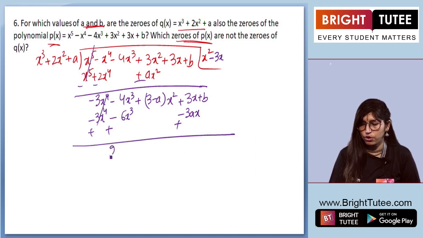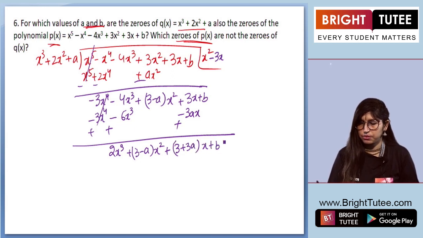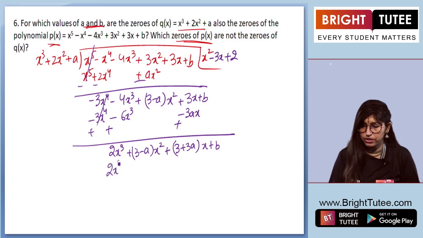Plus 6 minus 4 will be 2x^3, plus 3 minus ax^2, plus 3 plus 3ax, plus b, and we'll be writing plus 2 over here. So we'll be getting 2x^3 plus 4x^2 plus 2a.